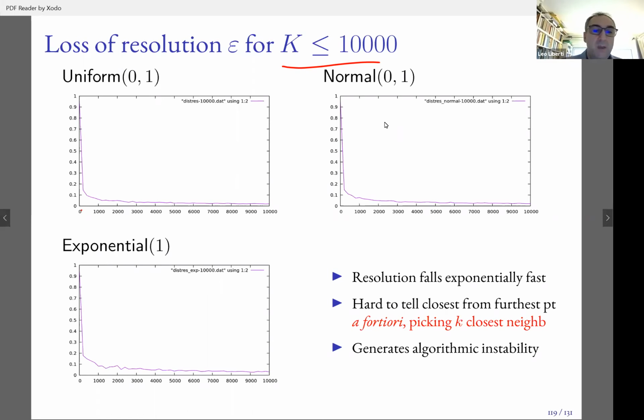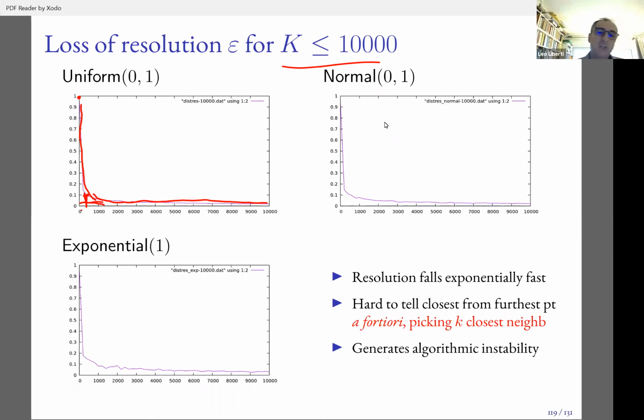In very few dimensions, because I was sampling, I think, on a sphere, the epsilon was 1. And then very rapidly it goes down, and it reaches 0.1 already in 200 dimensions.